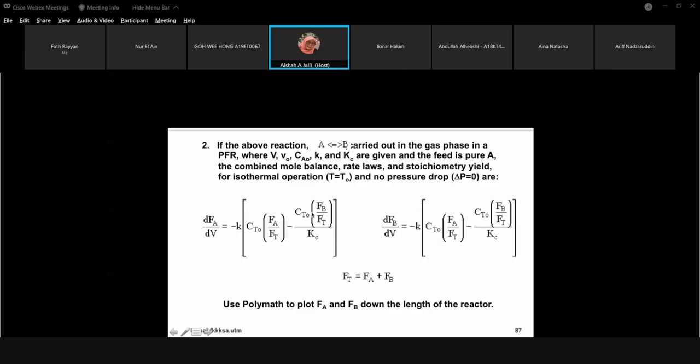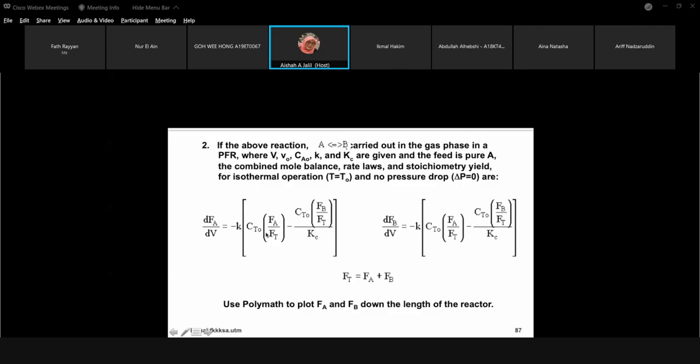This is for isothermal, no pressure drop. If you can remember the mole balance equation for the PFR in chapter 1, dFA over dV equals negative rA. For the negative rA here, this is reversible, so it becomes like this.